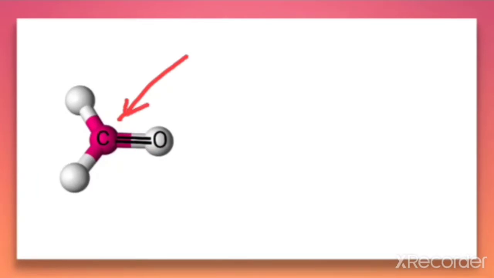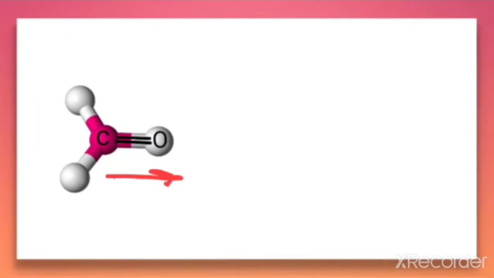The carbonyl group is polarized due to the higher electronegativity of oxygen compared to carbon. Therefore, the electrons between the carbon and oxygen are slightly drawn towards the oxygen, because oxygen is more electronegative than carbon.